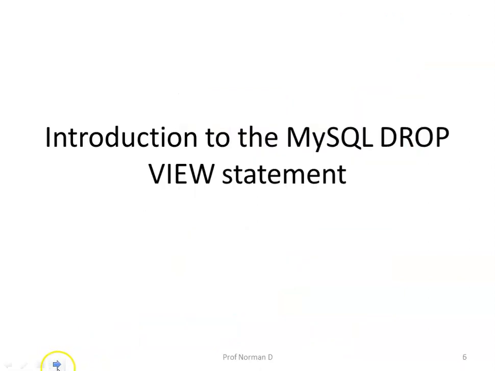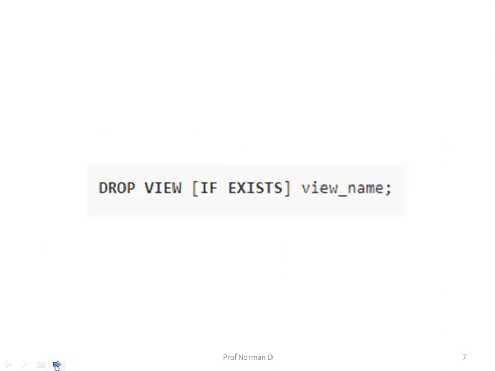Now once a view has been created, you should also be in a position to drop or delete the view. The query is pretty simple. So here is the syntax of dropping a view. The drop view statement deletes a view from the database.